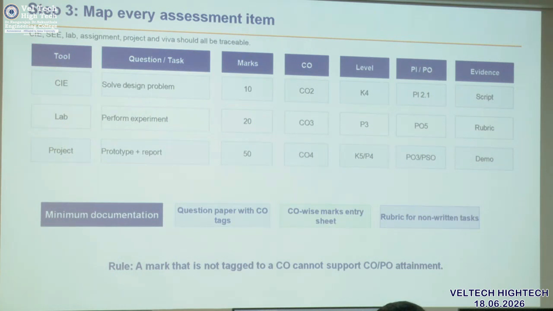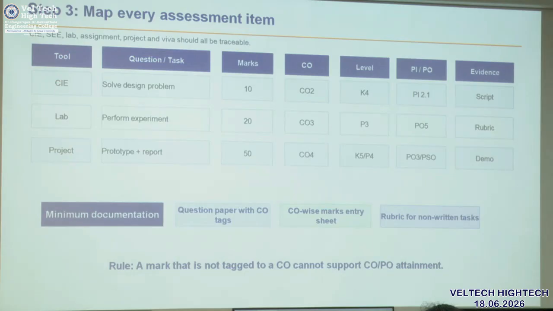Every assessment and every end semester question has to be mapped to a CO. If you have any single question that is not mapped to a CO, then there is no use in asking that question, because CO-PO mapping is what we are doing now. Every single question has to be mapped.